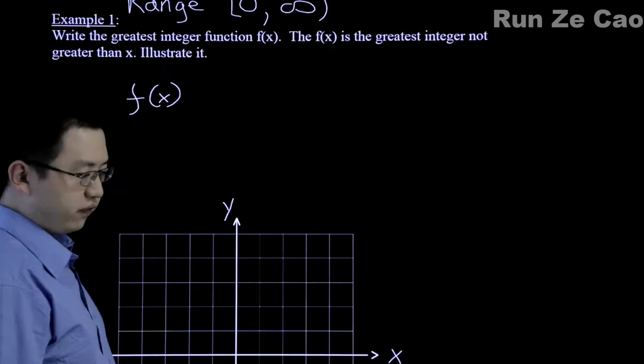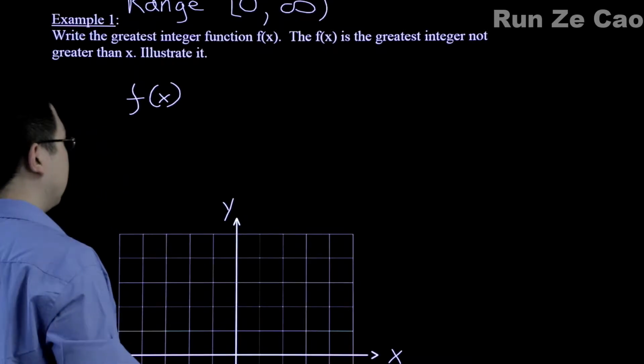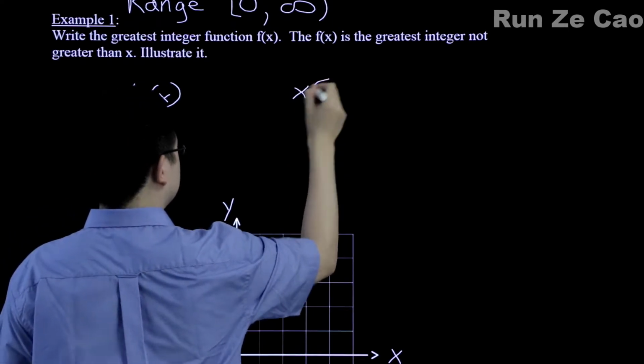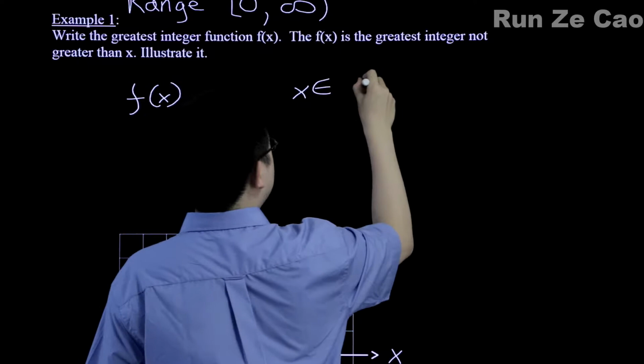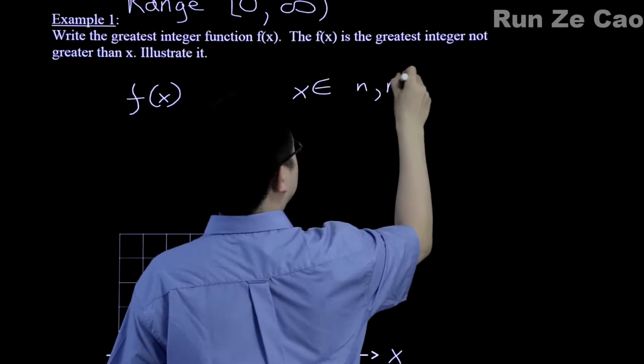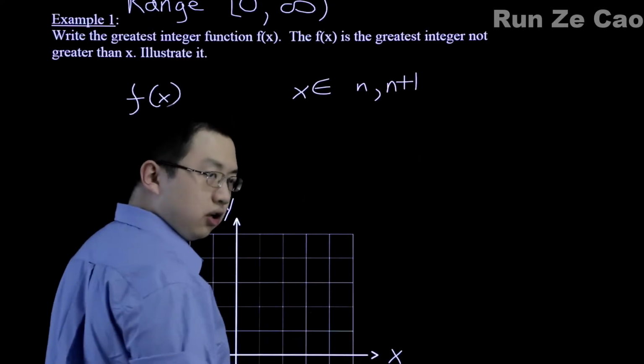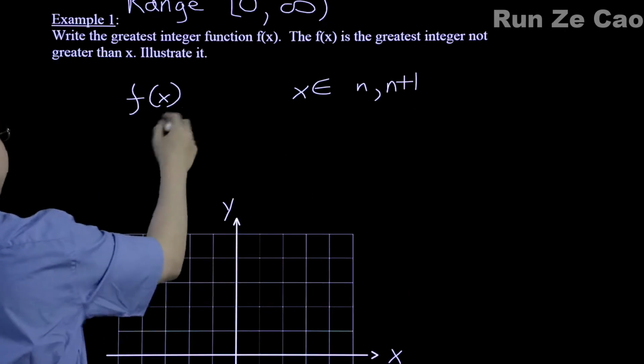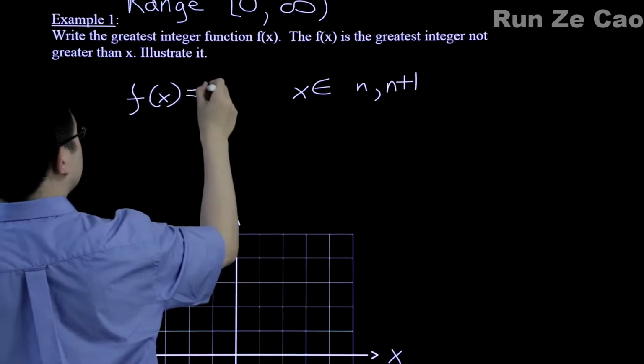How do we find this? Well, let's say x equals n. So x is from n to n plus 1. It does not include n plus 1, then f(x) is equal to n.